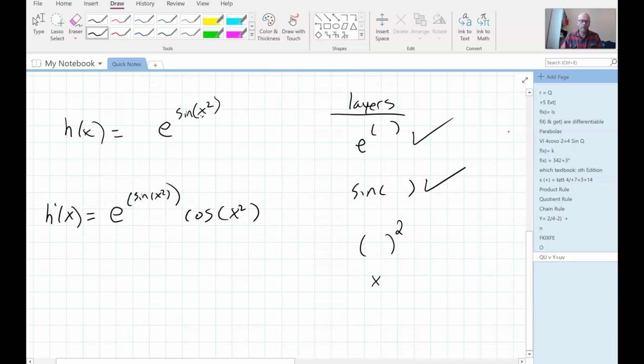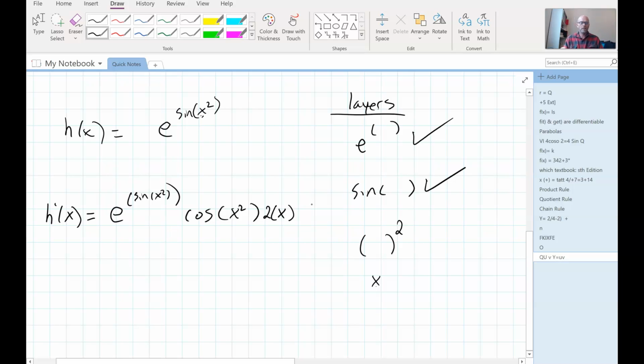Now the third layer was something squared. How do you find the derivative of something squared? That's 2 times the something to the first power. Well, what was the something? Same thing it was in the original equation, x. And then finally, the inside layer is x. What's the derivative of x? Well, the derivative of x is dx/dx, which is just 1. So we don't need to write it. We don't need to write that one either.